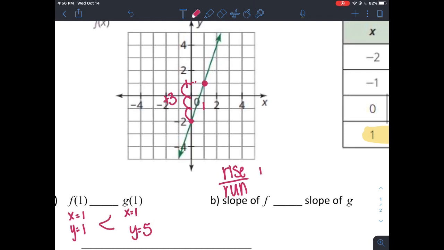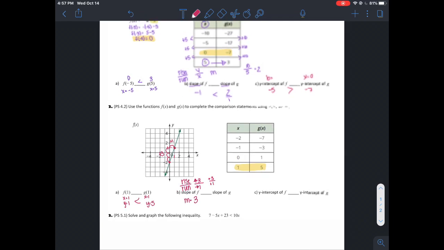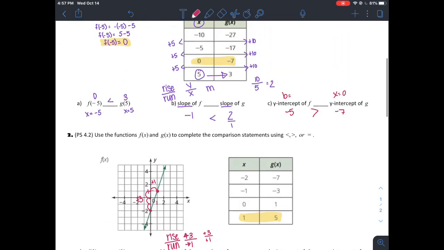So we'll go up 3. Run is left or right. So I need to go to the right 1 unit. So positive 3 over positive 1. My slope is 3.